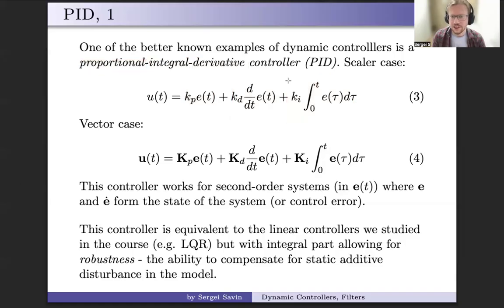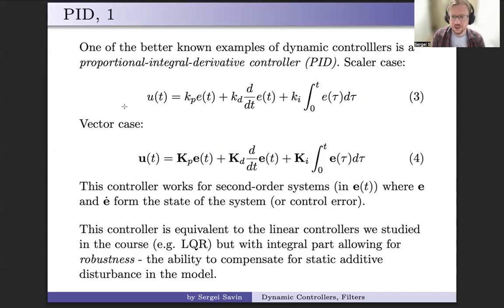That's just a notational thing, but this tau here is different from this t only because it is going to be integrated away, and we leave this t here to go back to the time. All right, so this is a proportional integral derivative controller.